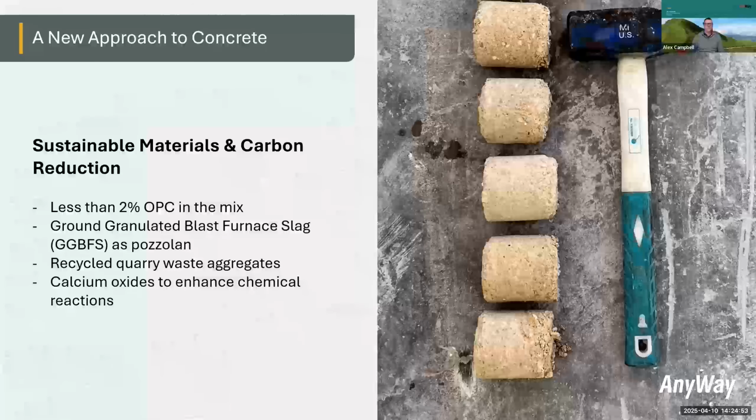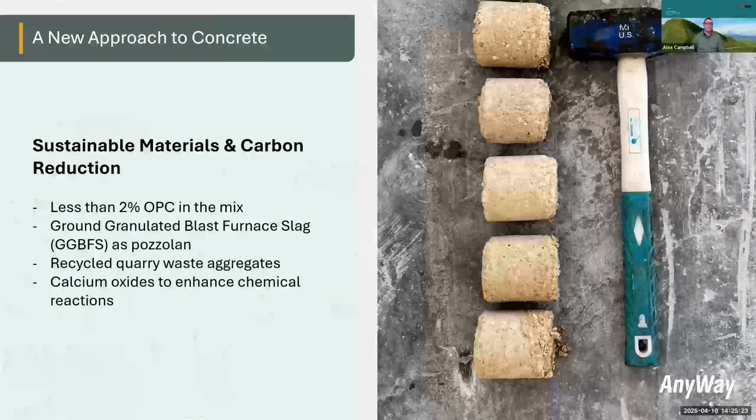I won't go into the technicalities of the benefits of a pozzolan, but other pozzolans include fly ash, for example, slag, silica fume, rice husk ash, and corn husk ash. But really it's a material that by itself doesn't react, but in the presence of calcium, i.e. from cement and/or lime, reacts to form strength gaining properties.